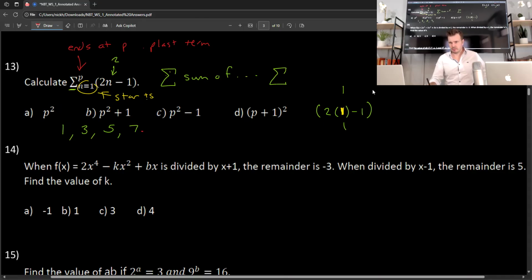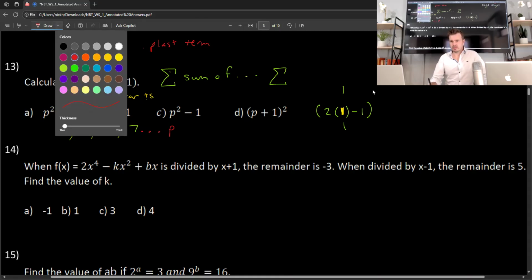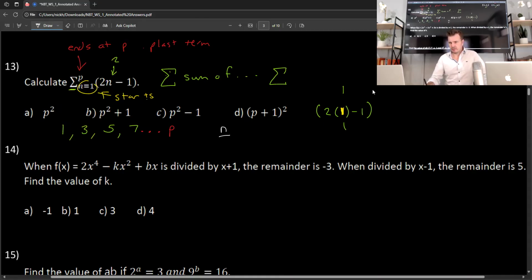So what we need to do is use our formula for the sum of an arithmetic sequence, which is n over 2, then 2a plus n minus 1 d.